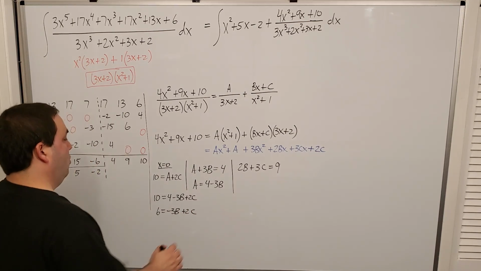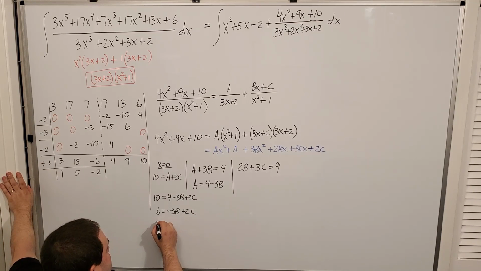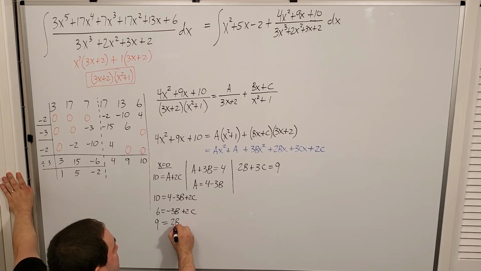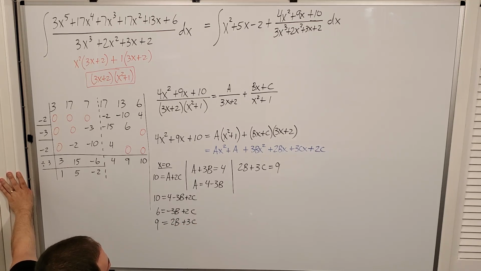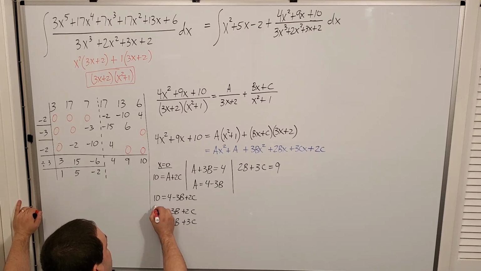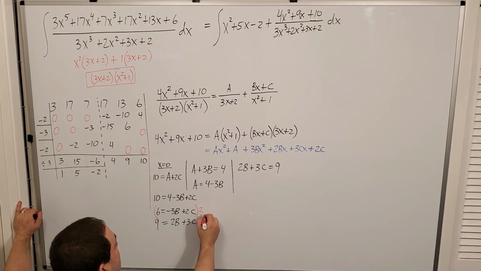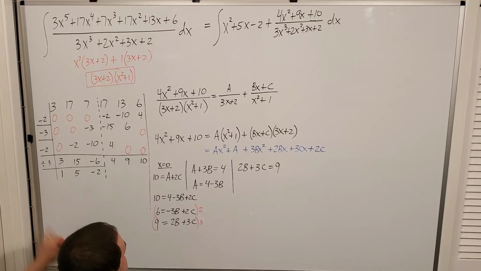So I will put these two equations together, 9 is equal to 2B plus 3C. Gotta love that, right? And then I'm going to multiply these two equations to do an elimination. So let's multiply this top equation here by 2 and the bottom equation here by 3.